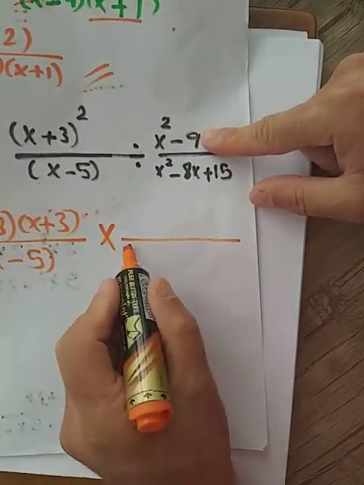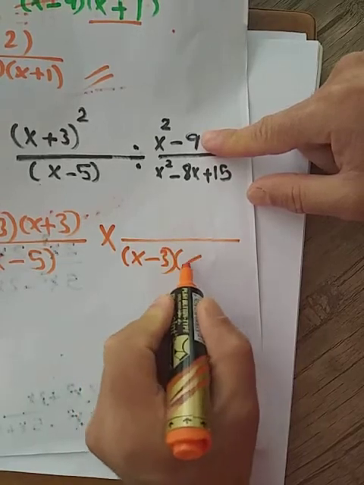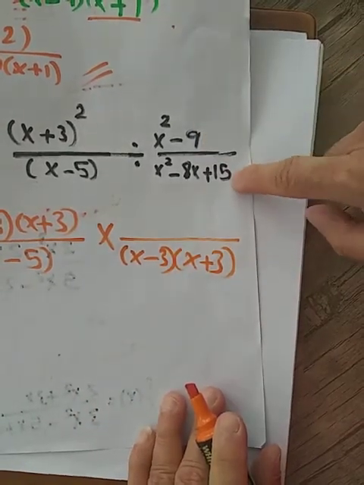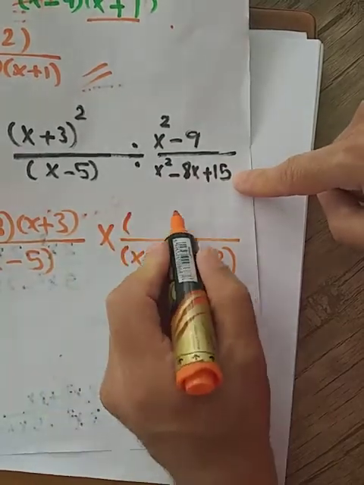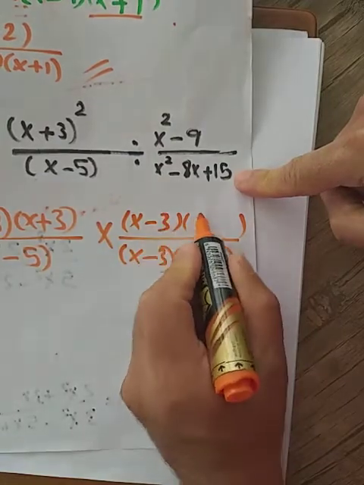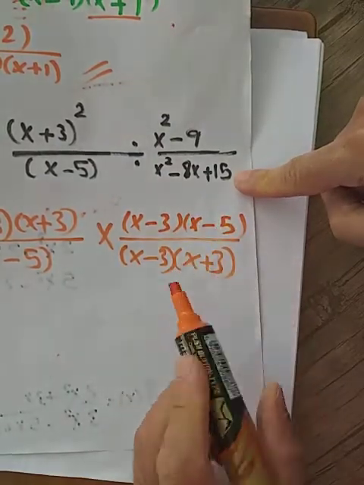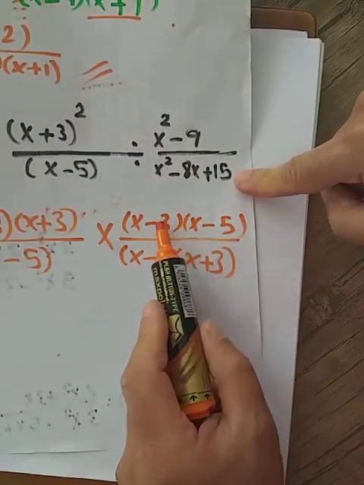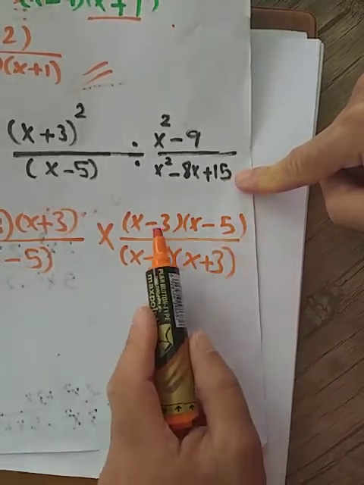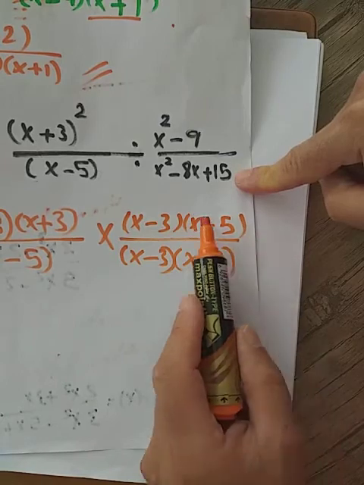And this one is x minus 3, x plus 3. Difference between two squares. And this one in the numerator, x minus 3, x minus 5. Check your answer. Minus 3 times minus 5, 15. Negative 3, negative 5, negative 8.